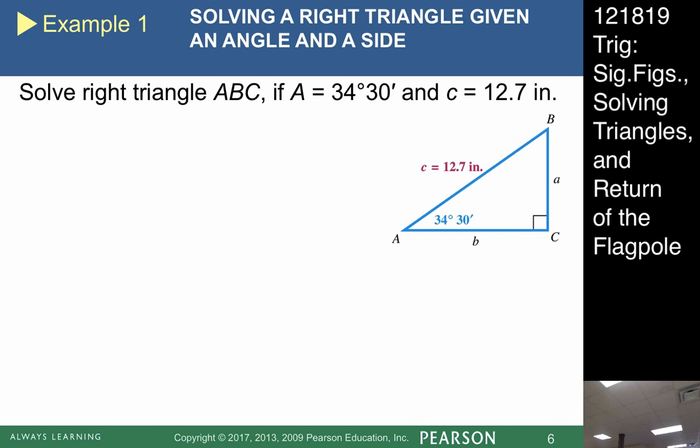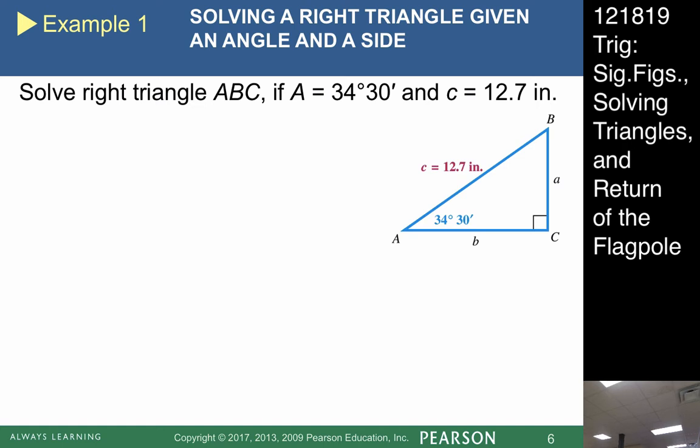Yeah, opposite over hypotenuse, so it would be a over c. And cosine equals x over r, or in this labeling, b over c. And tangent equals what? That is y over x, which is the same as a over b.